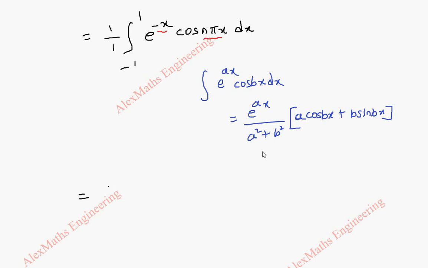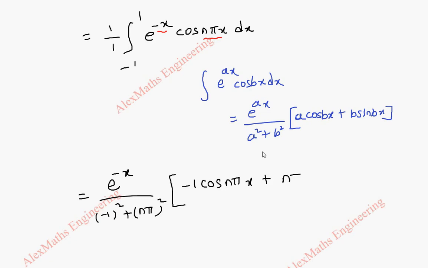So when I apply this, we get e power minus x by minus 1 whole square plus n pi whole square. This is a square plus b square. Then a cos bx, that is cos n pi x, plus b sin bx, where I replace b as n pi. This entire thing is enclosed in a bracket, and we apply the limit minus 1 to 1.